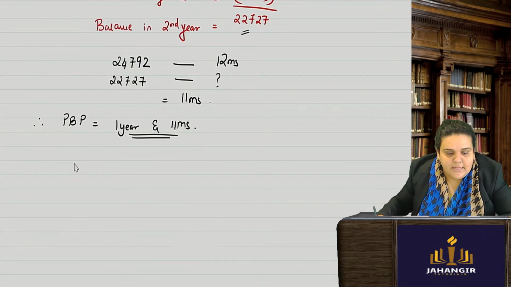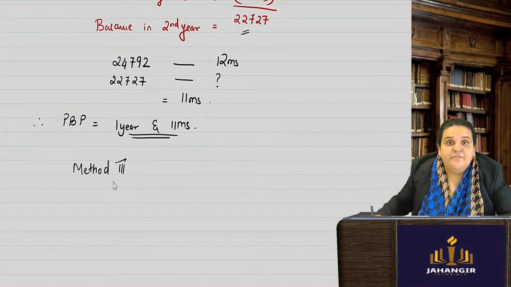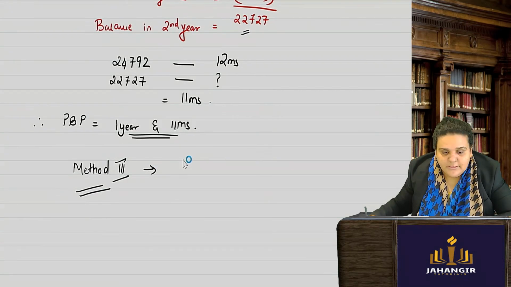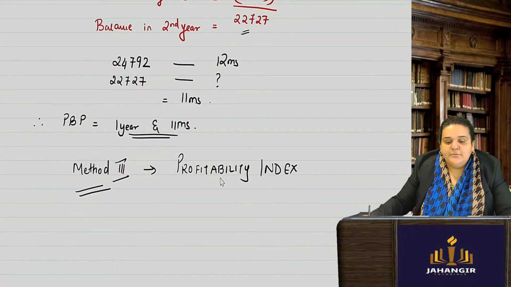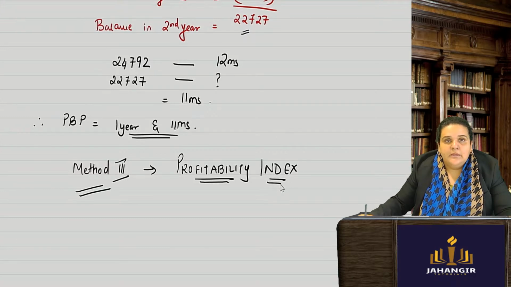And then method 3, benefit cost ratio. Here the name changes. Here it is known as profitability index. Formula remains the same. But since we are doing discounted cash inflow, it is known as profitability index.